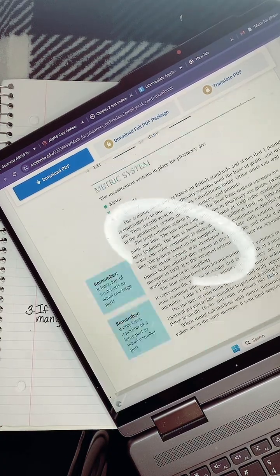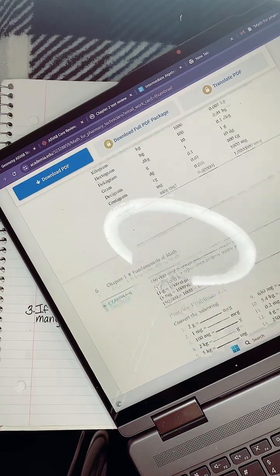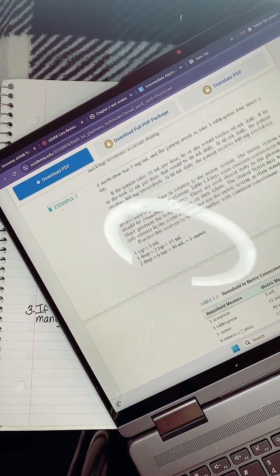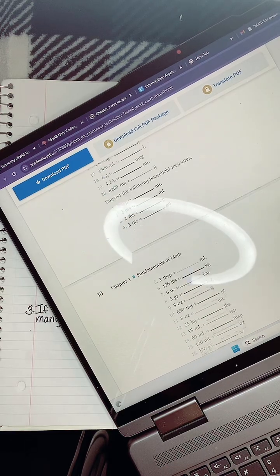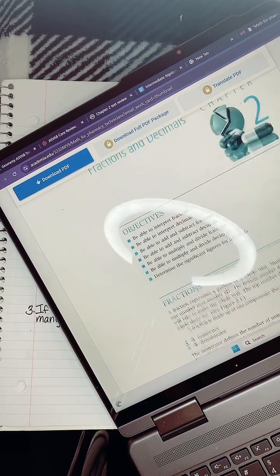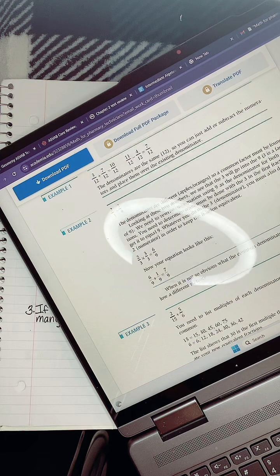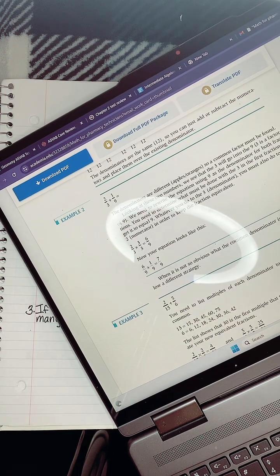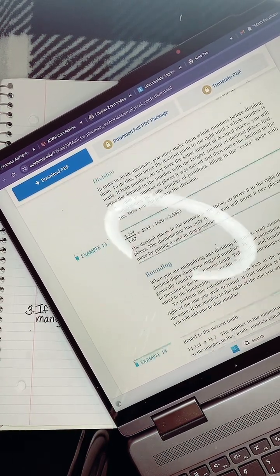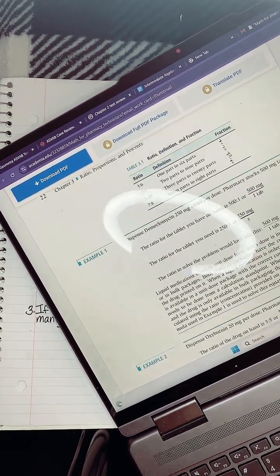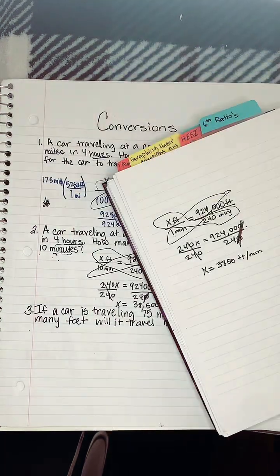I really like it. It breaks it down. It explains it. Let me see what problem this is. 67. Okay, so it was 67 and 69. So hold on just a second, you guys. I'm going to get it real quick.